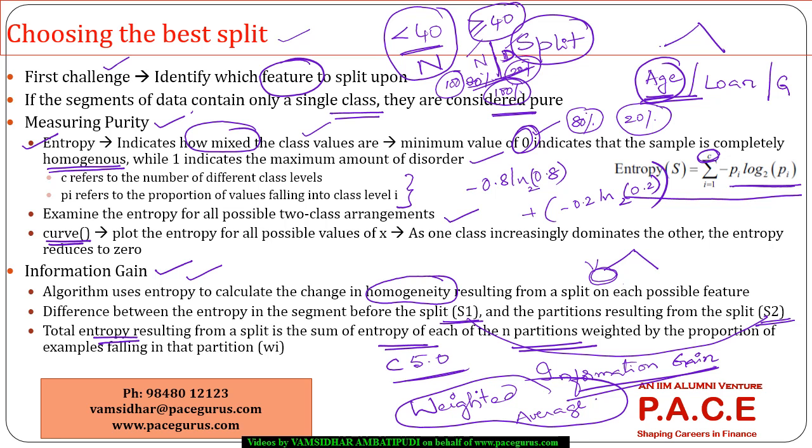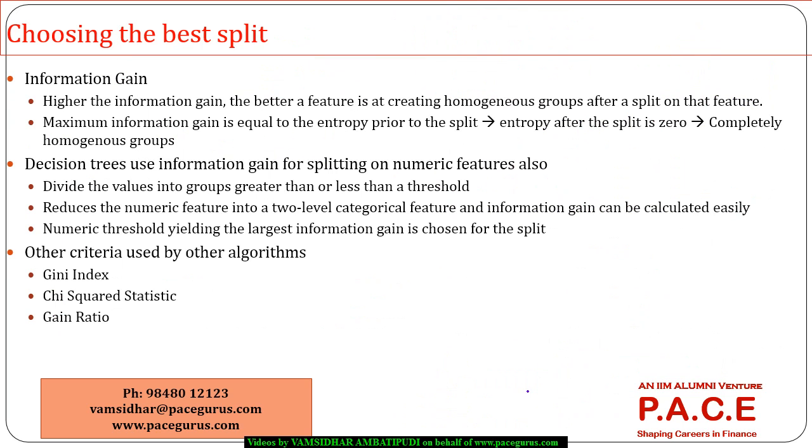The one which has resulted in a much reduced entropy would be the choice for the selection of the feature for the splitting purpose. So, the higher the information gain, the better. If the information gain is high, it means the entropy has reduced quite drastically.